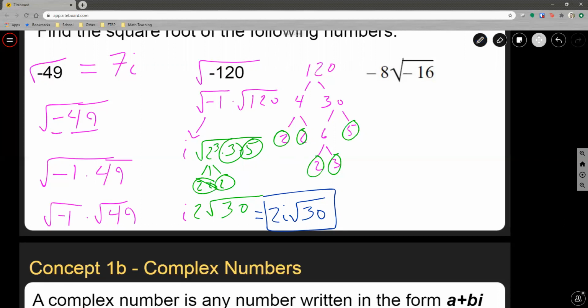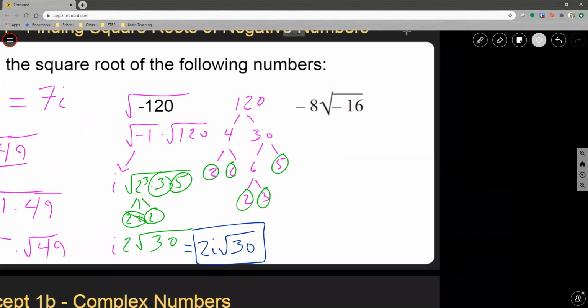All right, last one. This one's a little bit tricky, but not too bad. Negative 8 times the square root of negative 16. Well, this negative 8 is already taken care of. I'm going to leave it outside for a while, and I'm just going to deal with the square root of negative 16. Well, I know the square root of negative 16 is just going to be the square root of negative 1 times the square root of 16.